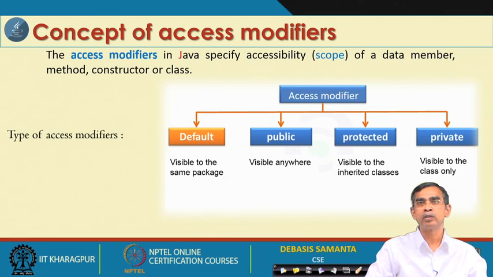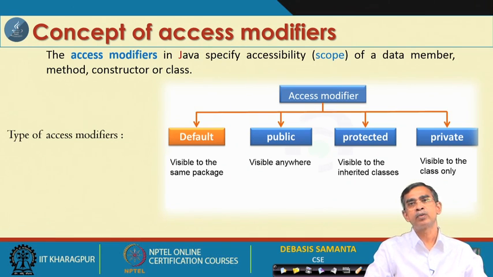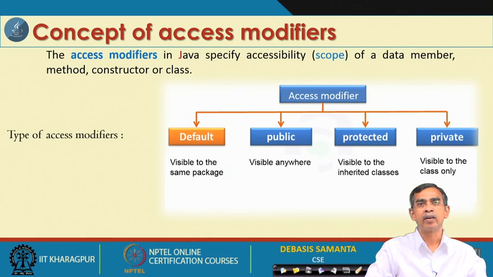That means if we do not use public, protected or private, and just keep it blank, then the access specifier is default. A default member will be accessible to any class that belongs to the same directory, that is, the same package. Otherwise it cannot be accessed.